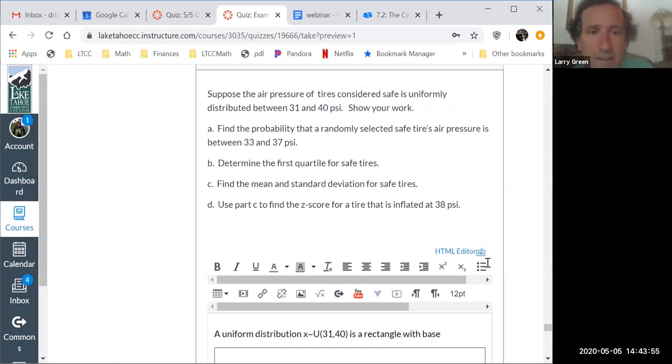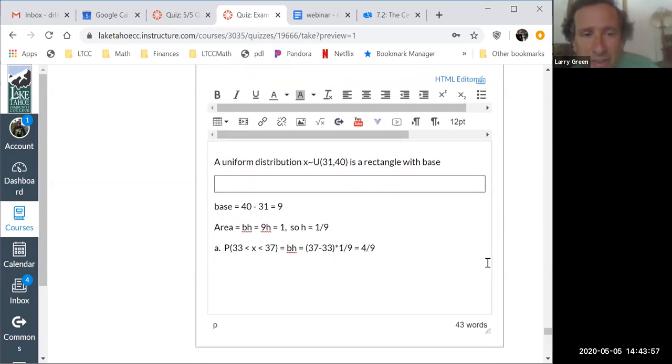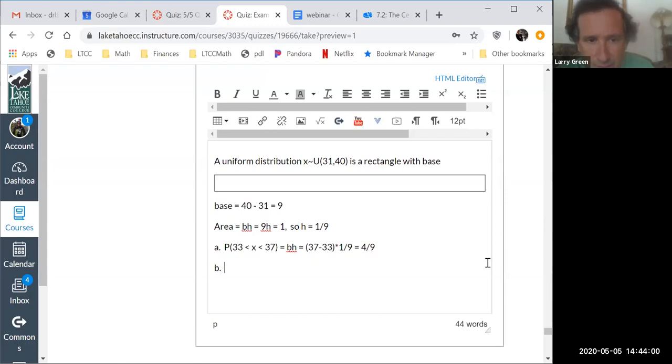Okay, part B. Determine the first quartile for safe tires. So we want the probability that X is less than Q1, which we don't know what it is, but what we do know is that probability is 0.25. But that is equal to the base times the height. The base is going to be Q1 minus 31, because the distribution starts at 31.